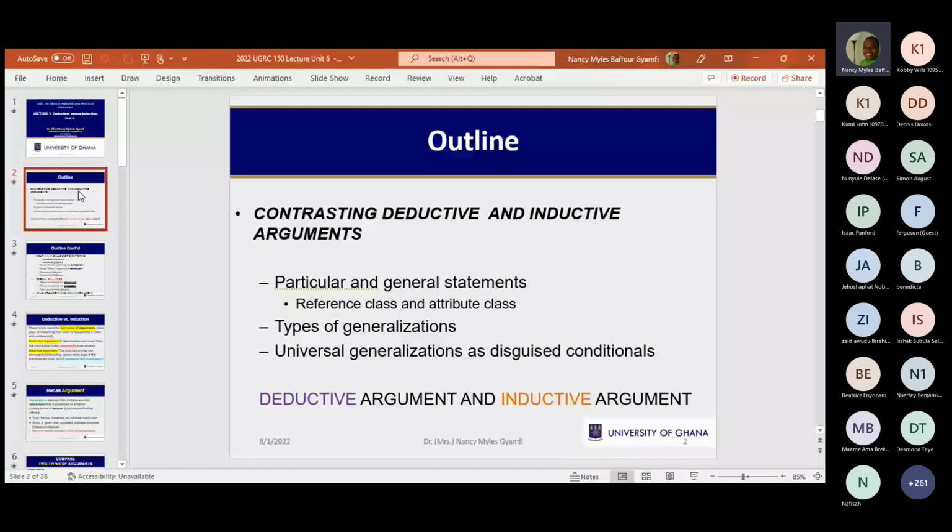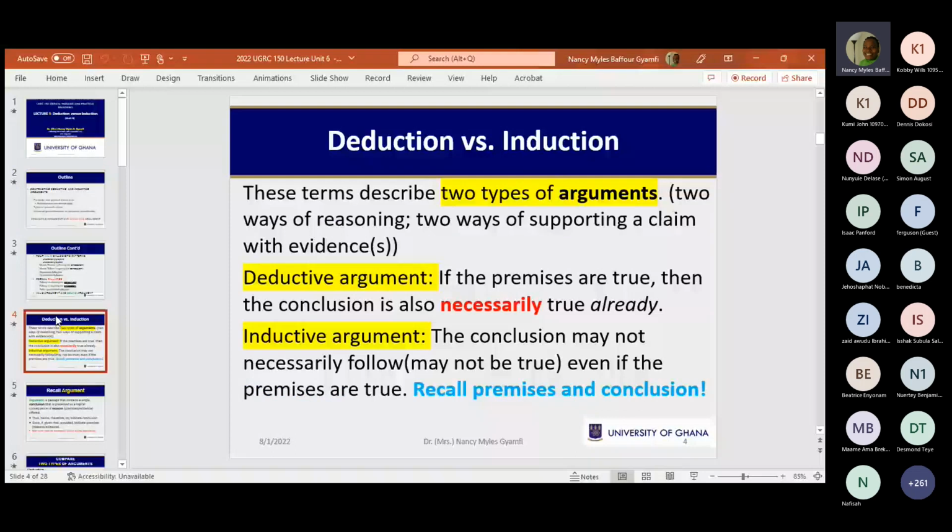We engaged the main distinction that we should make between two ways of reasoning. That's two types of argument. We looked at one that we call deduction or deductive argument, and then the other one that we call inductive argument. And we said that when we deduce, it means you take the conclusion of your argument from the premises.